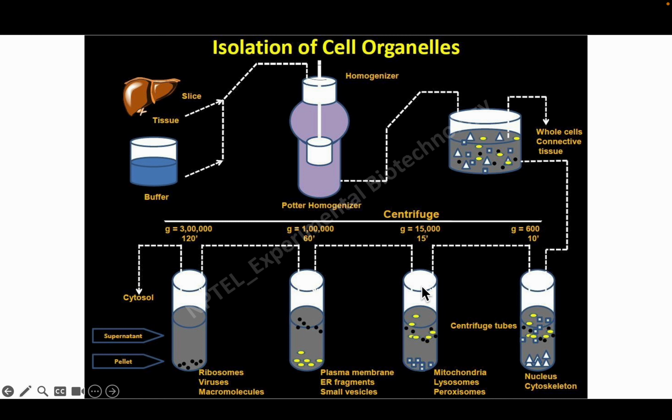Then you increase the G speed, and you get mitochondria, lysosome, peroxisome. After increasing further, plasma membrane, ER fragments, small vesicles you will get. And after increasing more G force, you will get ribosomes, viruses and macromolecules sedimented at the bottom.